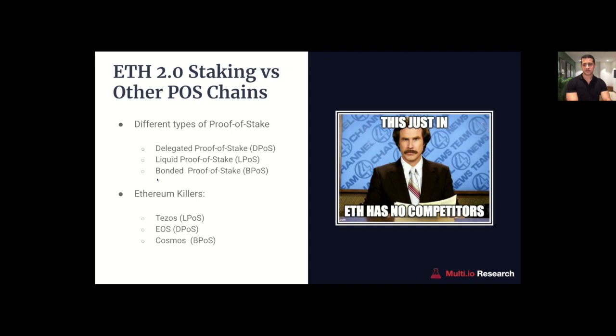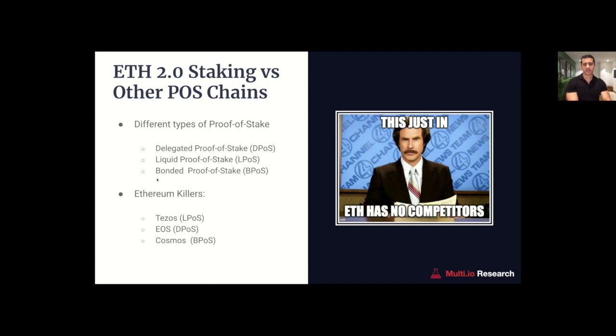The BPoS model is very similar to the Tezos liquid proof of stake model. Users can delegate their atoms to block producers. But in this bonded setup, if the block producer misbehaves and gets penalized, the delegator can also get their stake penalized too. This makes choosing the block producer a more careful process for delegators.